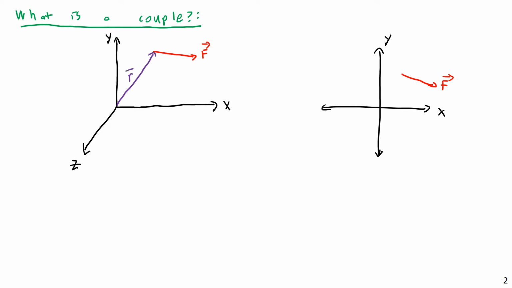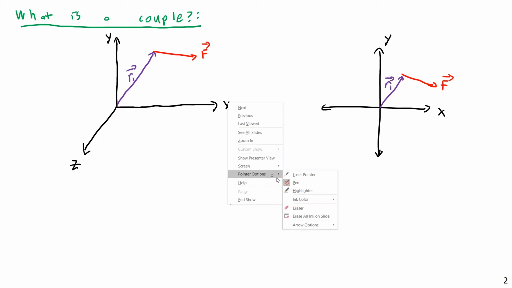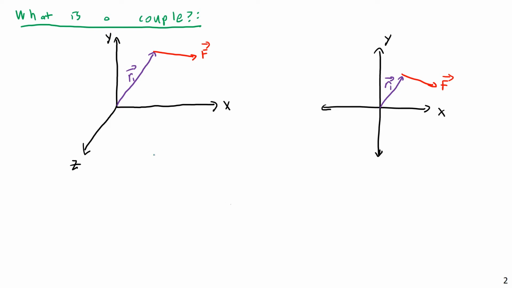Maybe this is R. I'll call this one R1, and this one R1 for the 2D case. I'm not going to be doing any calculations here, so we can call these both R1. And then let's create another point called, oh, I don't know, maybe point A, and point A for the 2D as well.